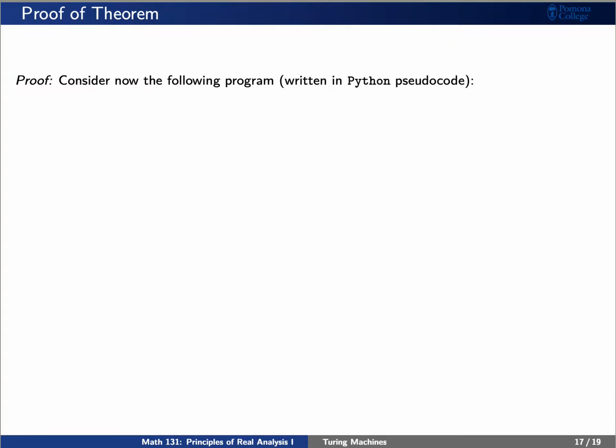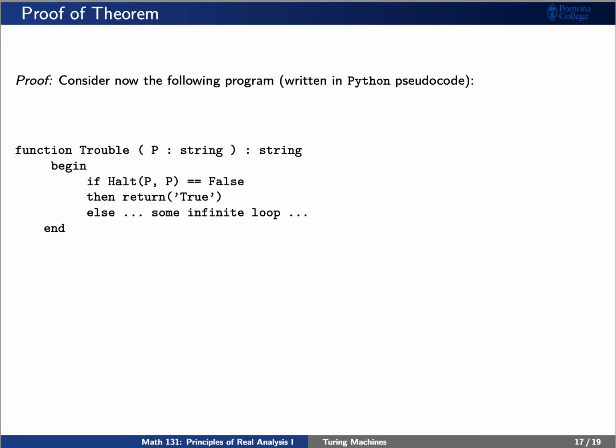Let's now talk about the proof of the theorem. We want to consider the following program, in which case, here on the screen, we'll write this in pseudocode. The function does the following. Let's say that we have a program P. We would like to evaluate P at the input P and determine whether or not the program P evaluated at P will run forever.